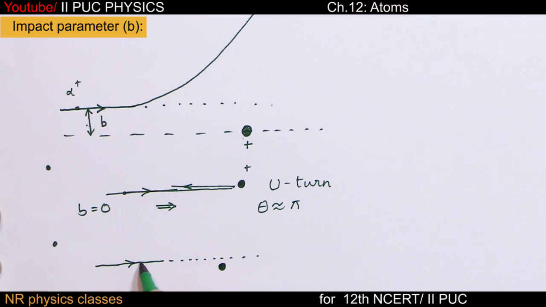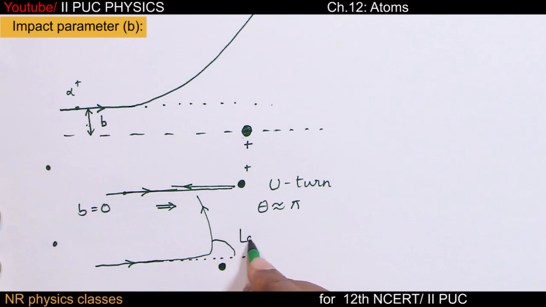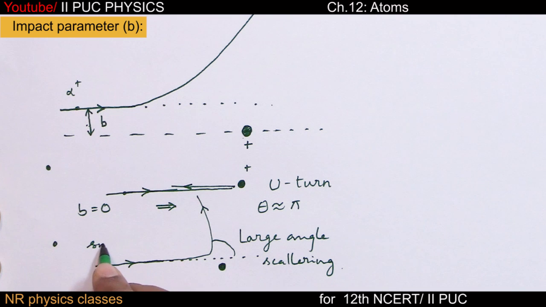As a result, scattering is more. So we can call this large angle scattering. So small impact parameter implies large angle scattering.